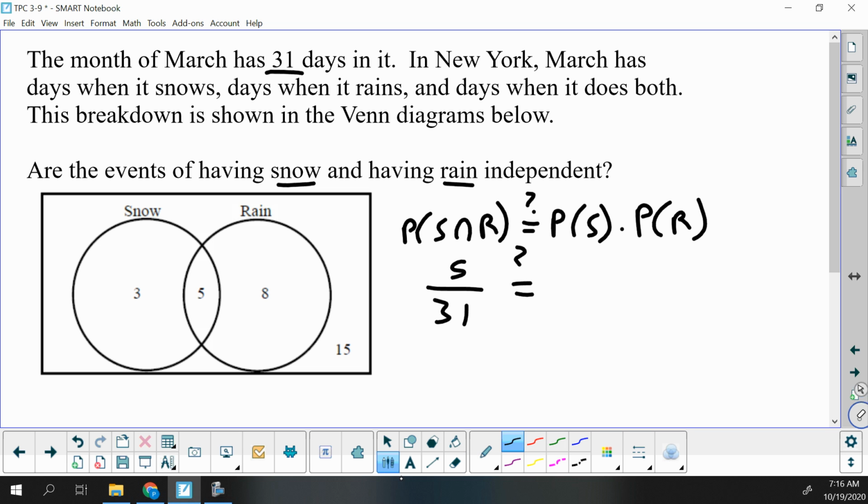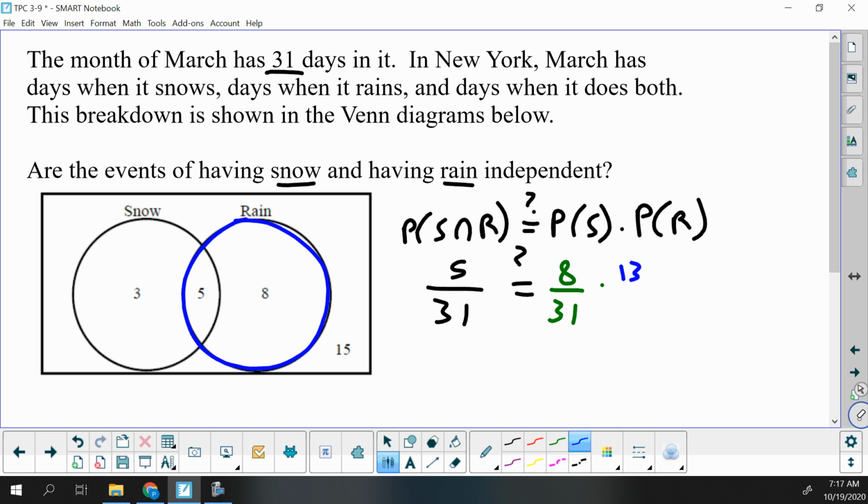Well, now what's the probability of snow? You need to be careful when looking at Venn diagrams. We've got to look at the entire snow circle and add up all the numbers in that snow circle. So we would have 8 out of 31. And now for rain, we'll look at the entire rain circle.